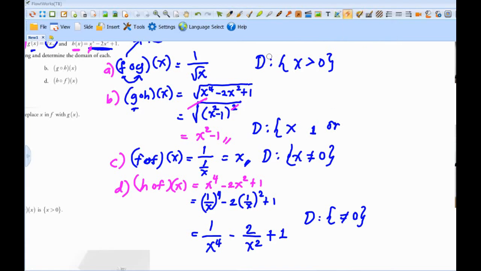Because if that is, let us try 1.2. 1.2 squared minus 2 times 1.2 squared. So we'll get a negative plus 1. So it can't be. So it should be bigger or equal to 1.